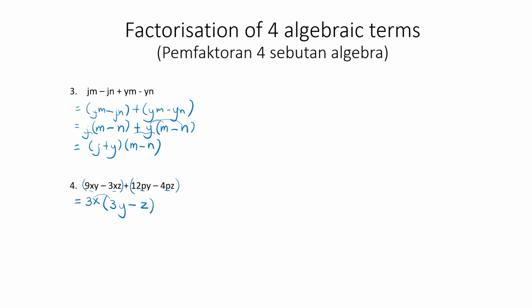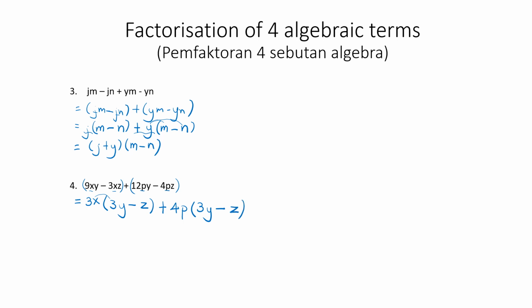And for another term, you can see 12 and 4. The highest common factor will be 4. So I can take a 4, and p is another common factor. And 4 times 3, you can get 12, 12py, and this is negative.